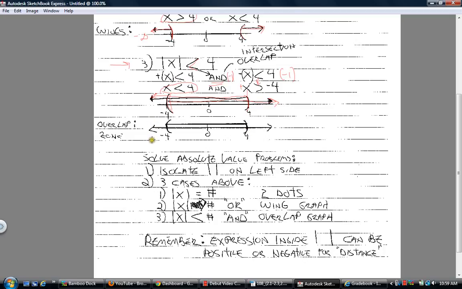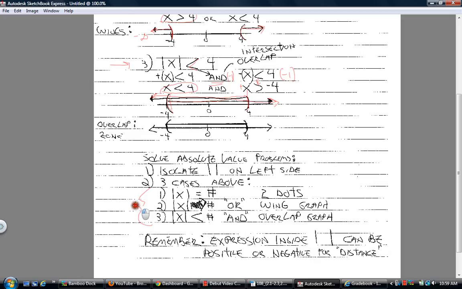Okay, so what we've just done here on this page, I guess summarize here, is to solve absolute value problems, isolate the absolute value on the left hand side. There's 3 cases. You have the equal sign, you've got the greater than or the less thans, and those are either the or the and you're going to have a wing graph or you're going to have an overlap graph.